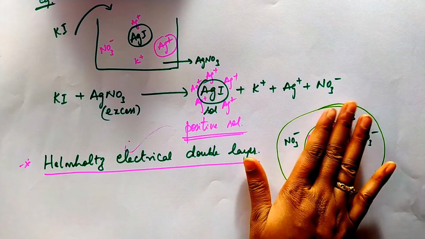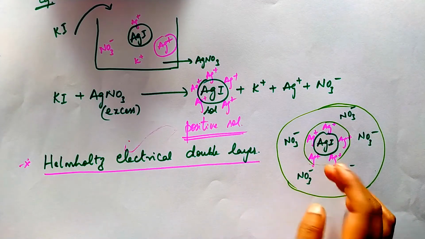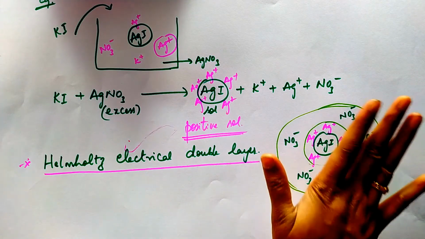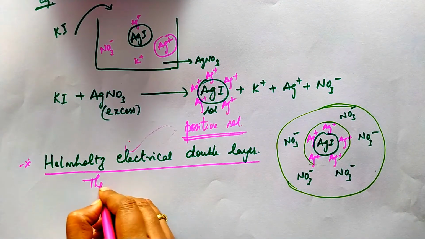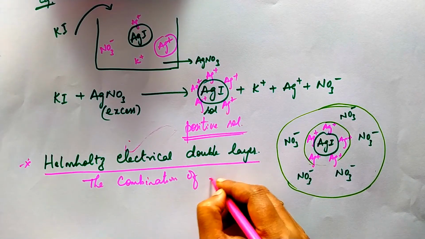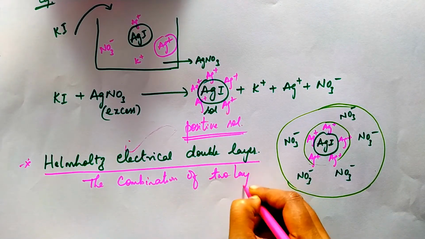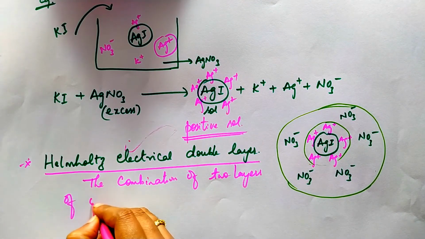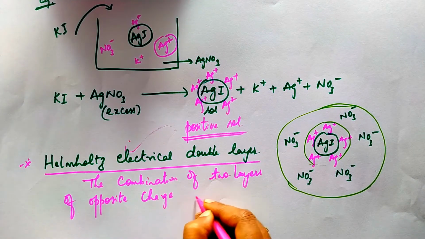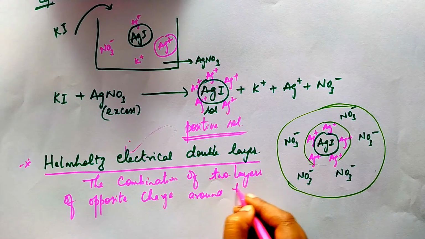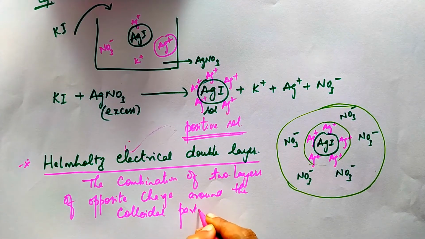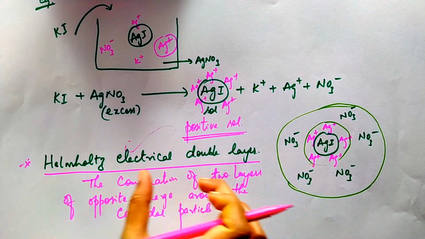The combination of these two layers of oppositely charged ions, positive and negative charge, around the colloidal particle is called Helmholtz electrical double layer.